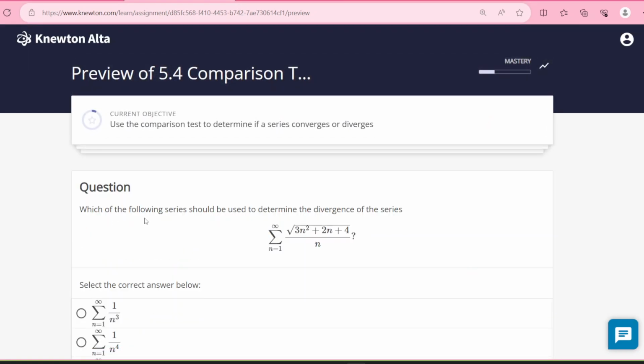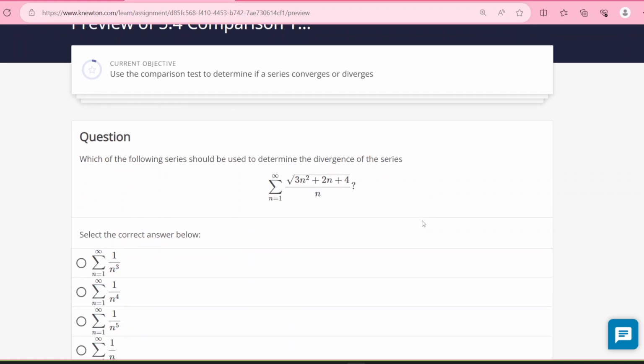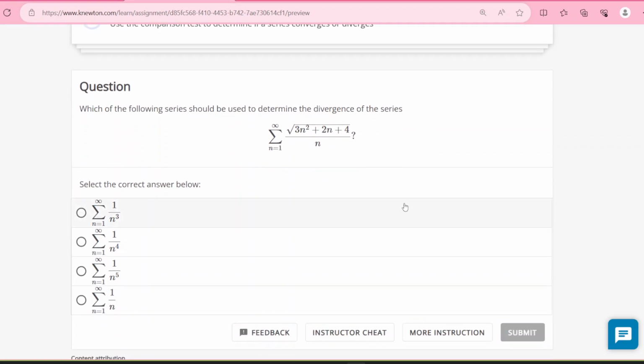All right, so now which of the following series should be used to determine the divergence of the series? You've got the square root of 3n squared plus 2n plus 4 up here. Remember, if you have n go to infinity, which you are, the square root of 3n squared would dominate the 2n plus 4, which would be the square root of 3 times n over n.